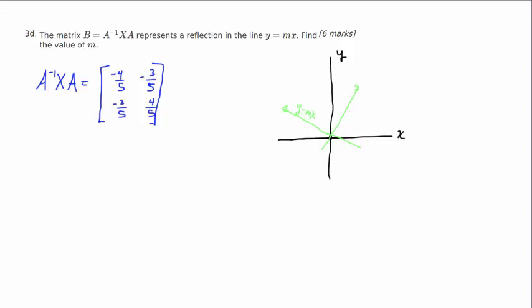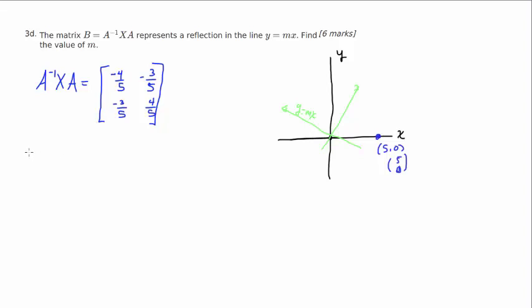And so my approach to this is I'm going to pick a point and apply this matrix. And there's a point that I'm thinking of that will make life easier, and it's going to be this point 5, 0, which as a vector matrix is 5, 0.